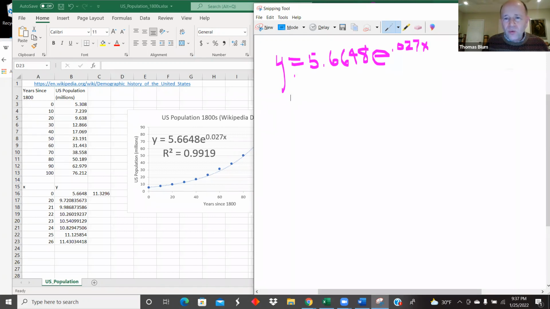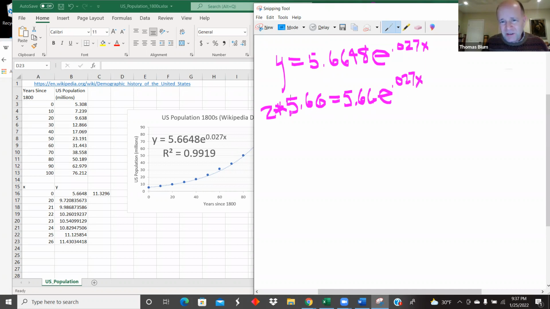And I want to know when I get to twice this. So I'm going to say 2 times 5.66, and then I'll truncate it, is 5.66 times the exponential of 0.027x. Again, this is like overkill math, but let's do it.